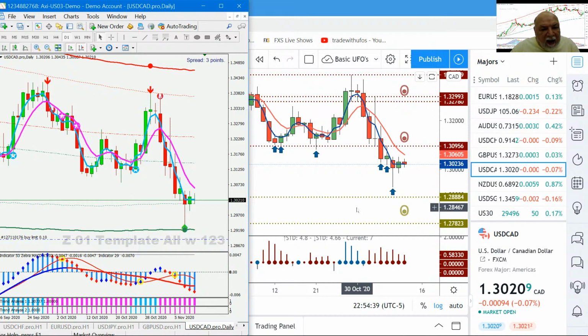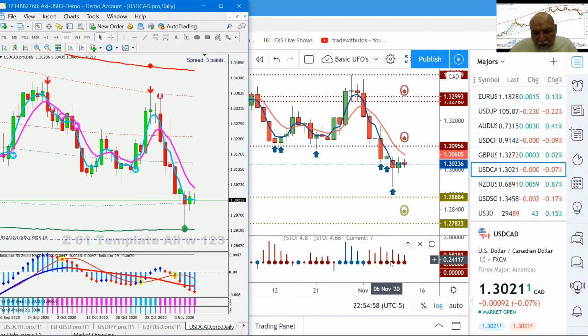So if the zones are correct, and now we're in 7 of the potential 5 down moves, this could continue to go down.